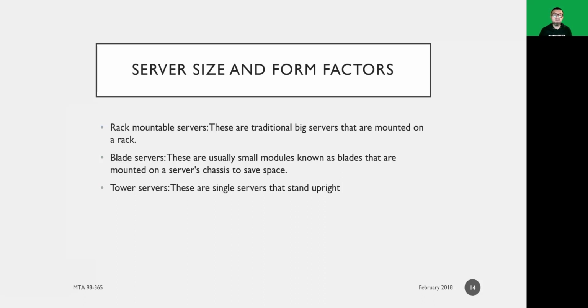And finally, we have the tower servers, which are known as office servers, mainly for file services, print services, and web services to some extent, but in most cases for testing purposes.